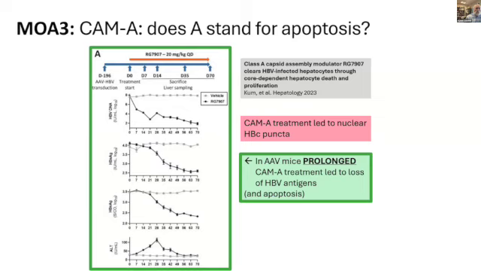And that loss of these biomarkers was concurrent with the appearance of an ALT flare that correlated with evidence of apoptosis through a TUNEL assay, TUNEL staining, and proliferation of uninfected cells.